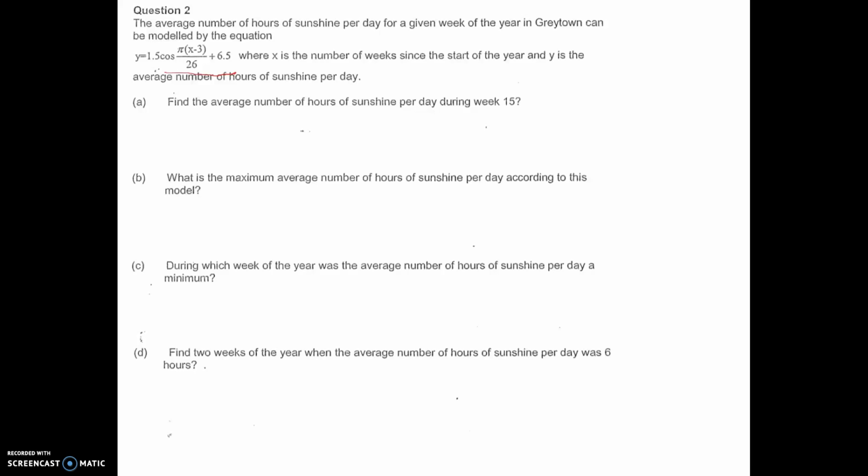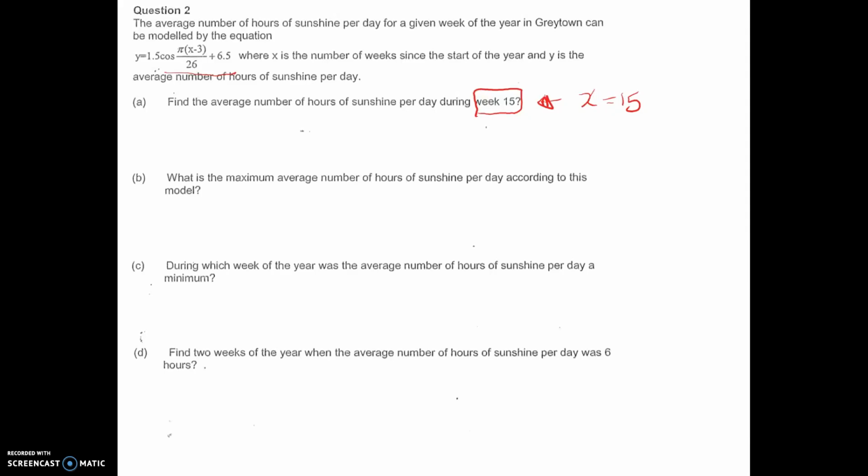So week 15 here is the number of weeks from the start of the year, so X is 15. So all we're doing in this question is replacing X with 15 and substituting into this function.